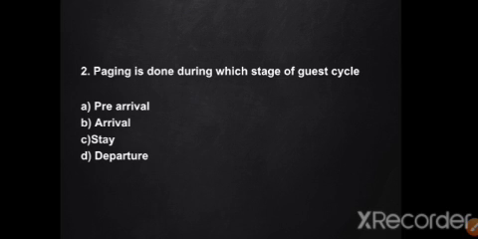Paging is done during which stage of the guest cycle? A. Pre-arrival, B. Arrival, C. Stay, D. Departure. So what is paging? It is a term associated with the front office, where the front office needs to find a guest or pass a message to a particular guest.